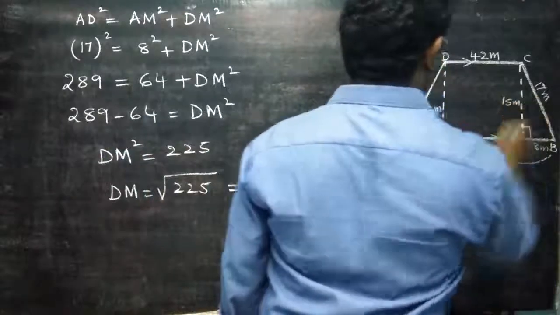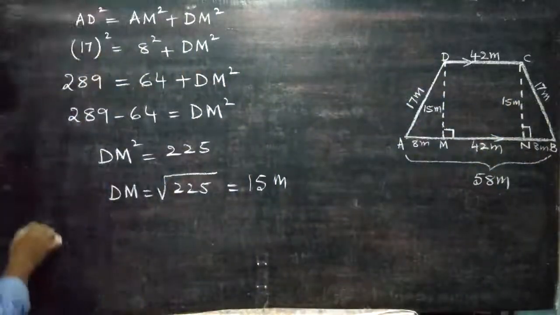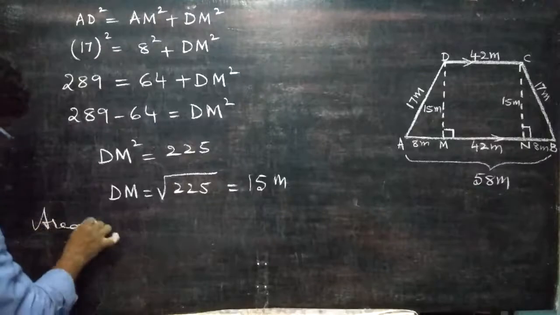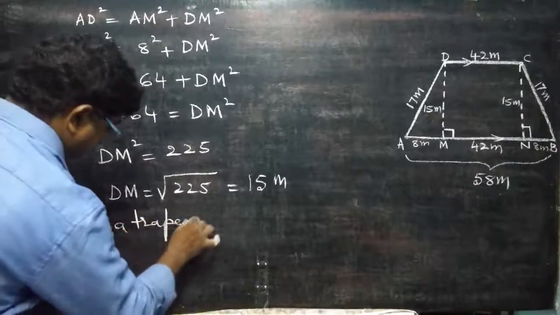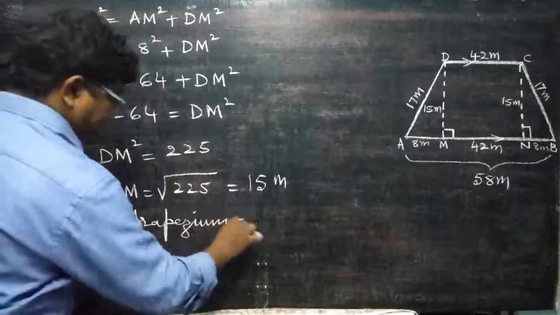Now we will write area of a trapezium. What is the formula?